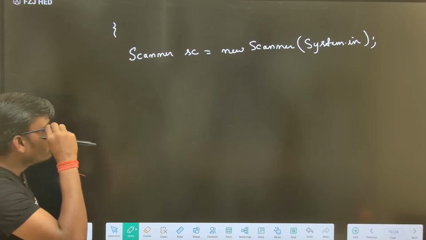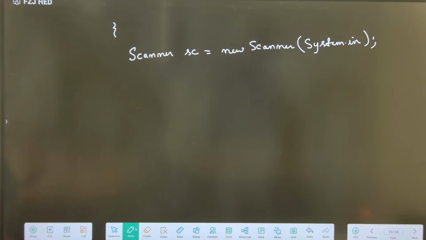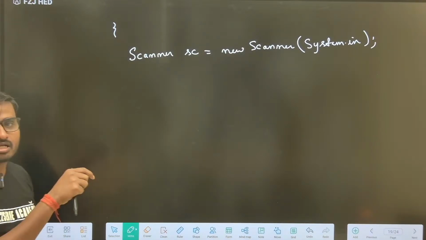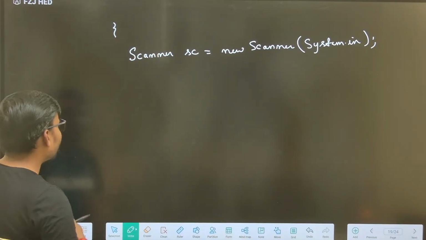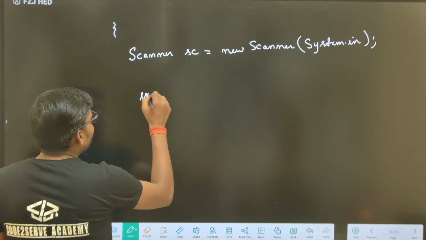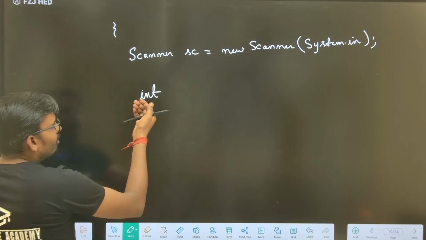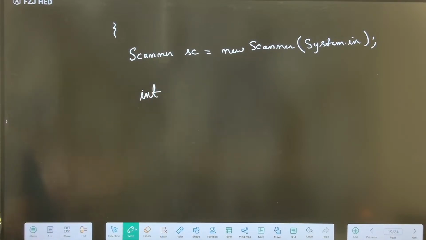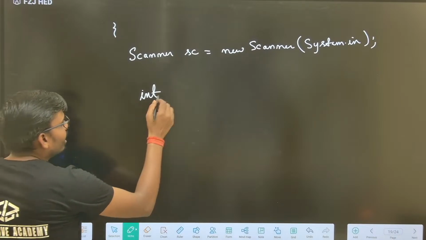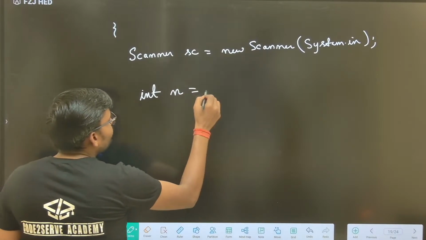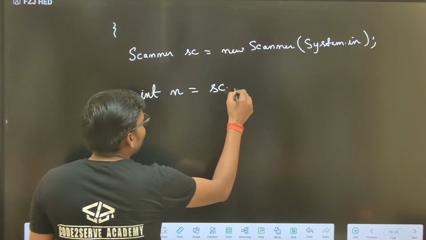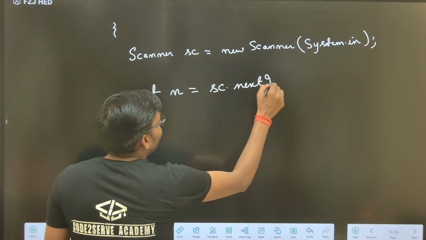If you take a for loop, it will be difficult to write the terminating condition. So first time we will take one input: int n is equals to sc.nextInt().